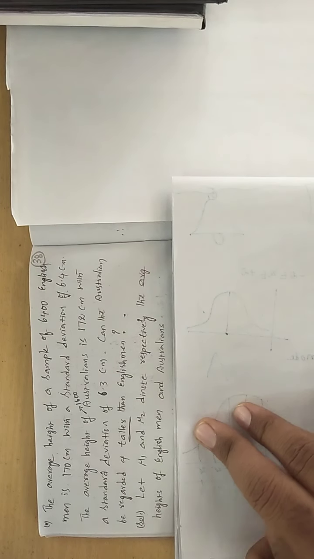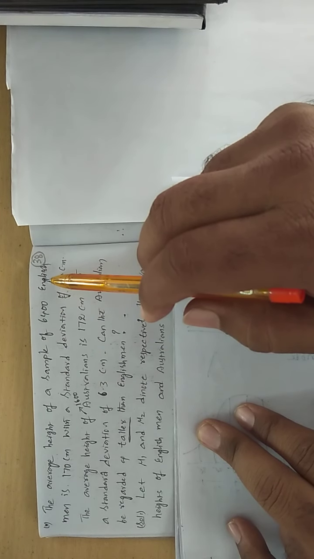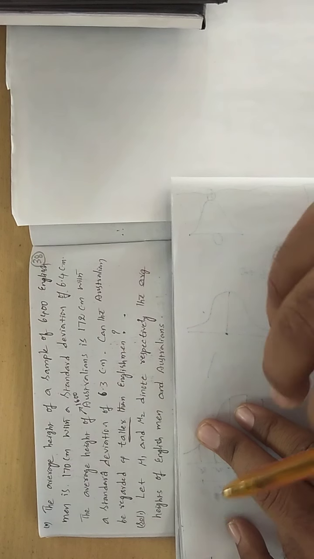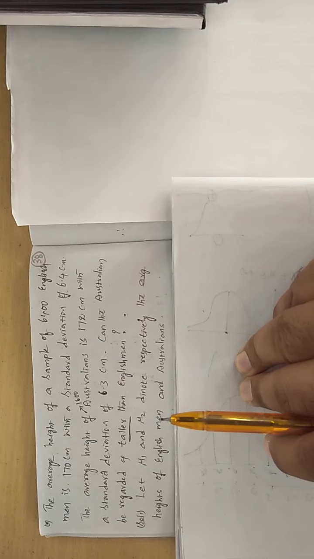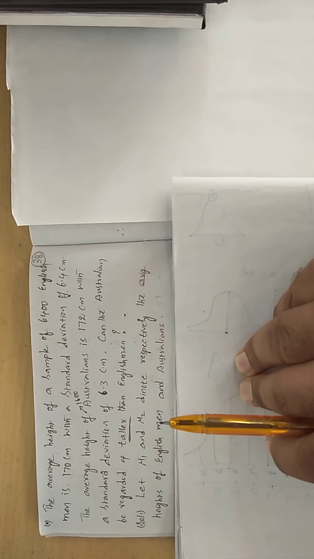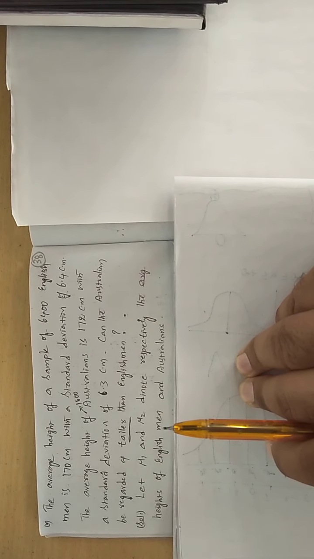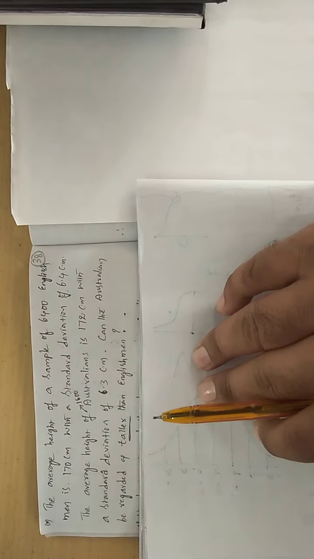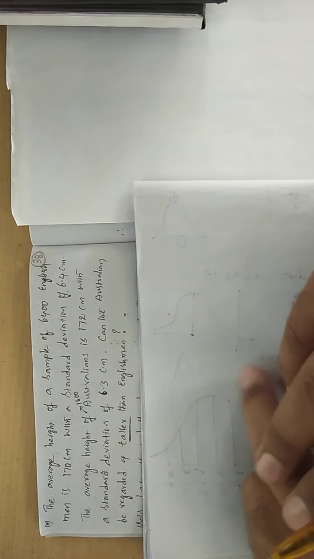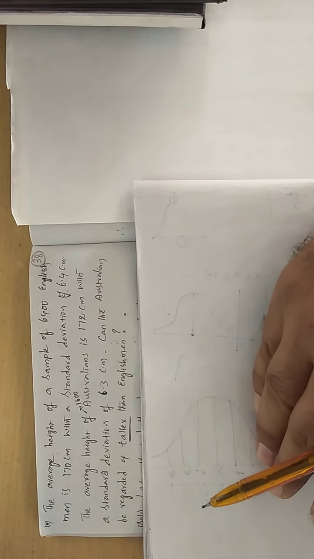Let us see. According to the given information, the first thing provided is the Englishman information. So let all the information of Englishmen be mu1, x1 bar, n1, sigma 1, s1. The next population is the Australians, so the Australian information becomes mu2, x2 bar, n2, s2.